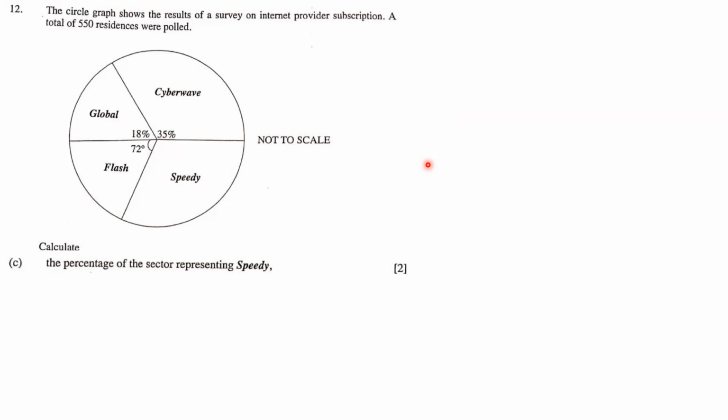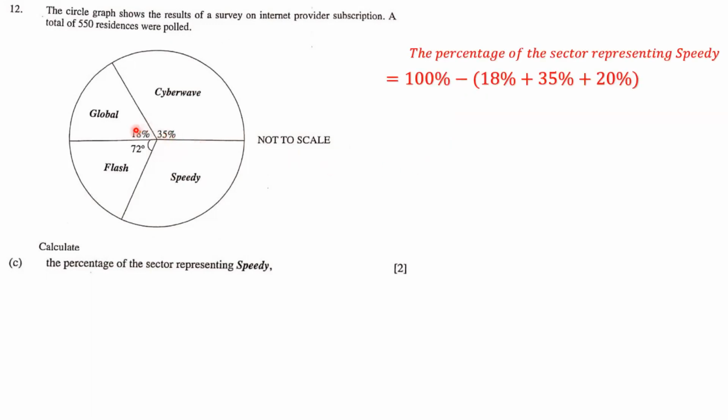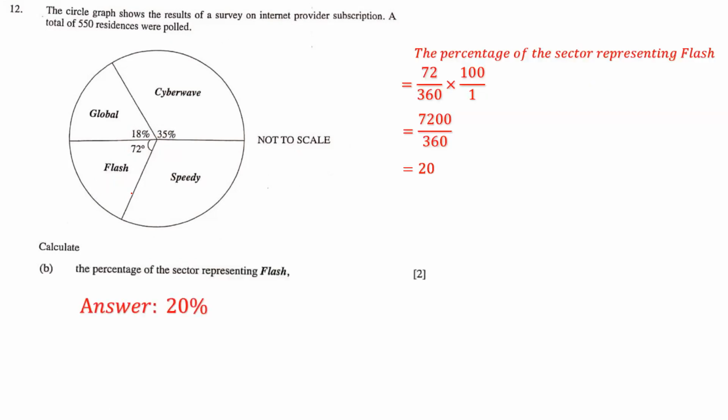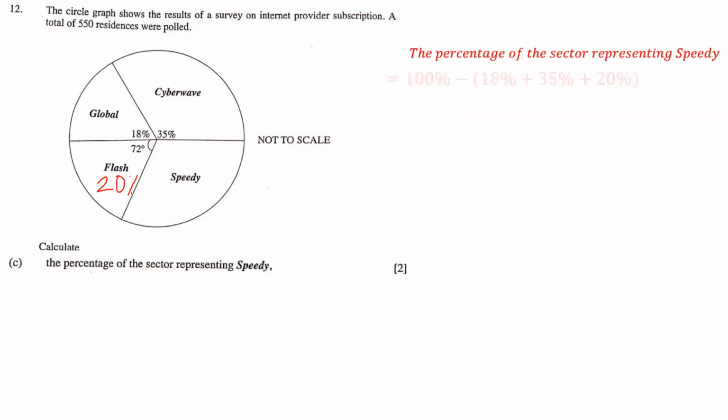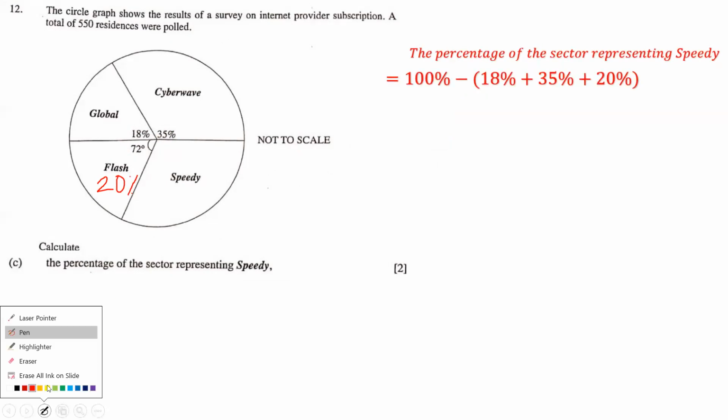We already know that we have 18% for Global, 35% for Cyberwave, and we just figured out in the previous question that for Flash, it's going to be 20%. So the percentage of the sector for Speedy is going to be 100 minus the sum of those. 18 plus 35 plus 20 is going to be equal to 73%.